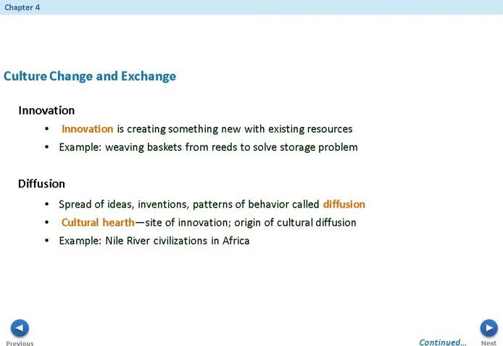Now, diffusion is basically the spreading of culture. So diffusion is the spread of ideas, inventions, and patterns of behavior. So what we see is that, for example, if you start looking at New York City, it is a cultural hearth, or a site of innovations and the origin of cultural diffusion. So you might see in New York City, for example, people wearing certain types of clothing.